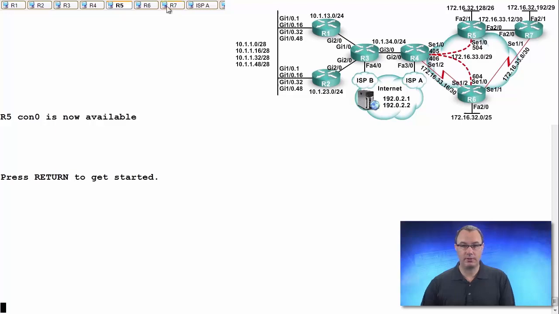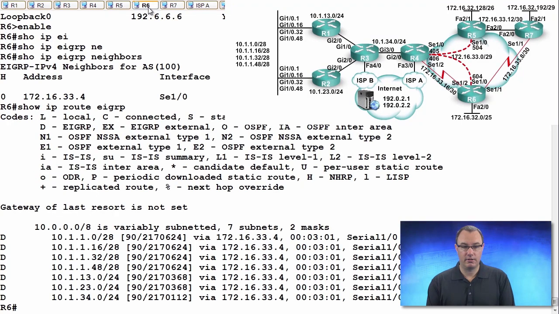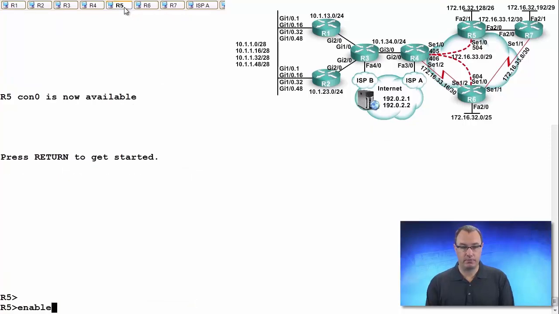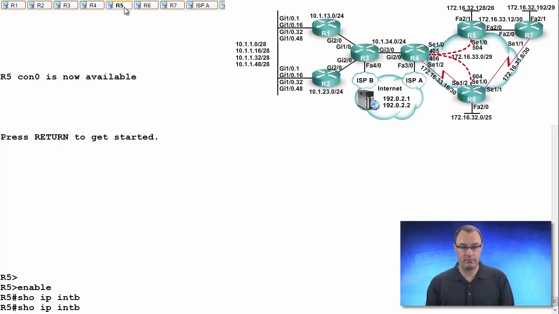I'll go to R6. I just want to show you a ping that's failing right now. And I want to make sure that I got R5's IP address. So I'll do a show IP interface brief.